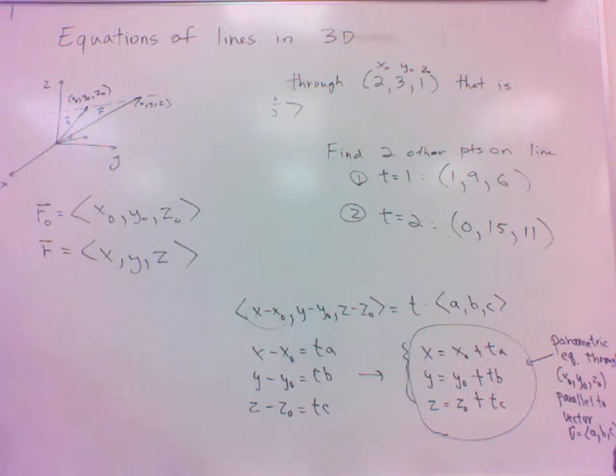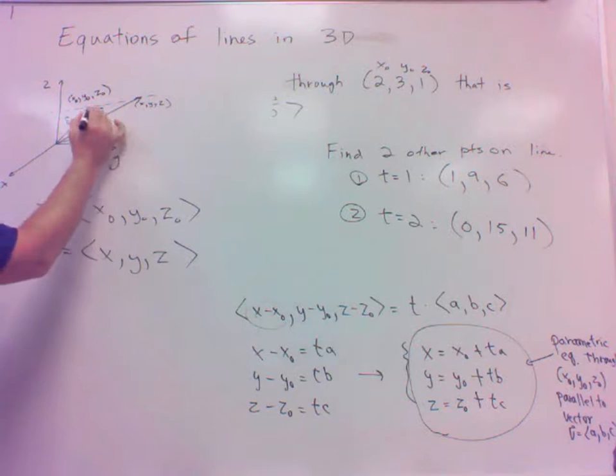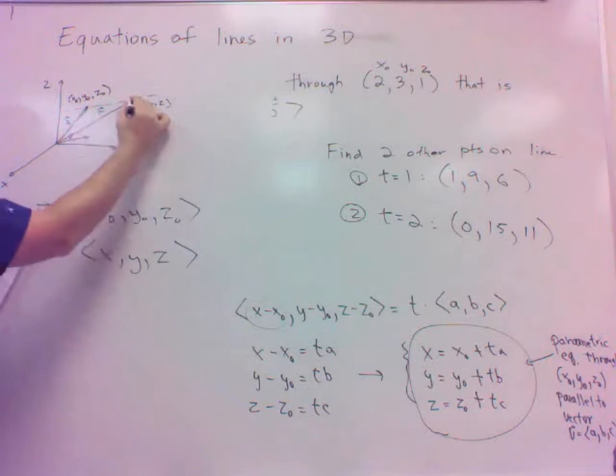All right. So R0 is the vector from the origin to the x0, y0, z0 point. And then vector R is from the origin to any point randomly picked on that line, x, y, z. Well, with a little vector addition, do we not see that this R would be the addition of this vector plus this vector?